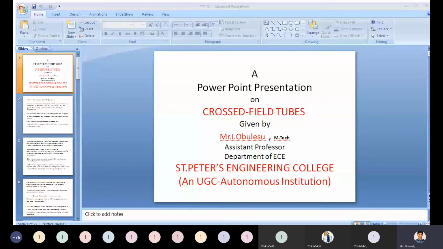The electric and magnetic fields in a crossed field amplifier are perpendicular to each other, as we just discussed.